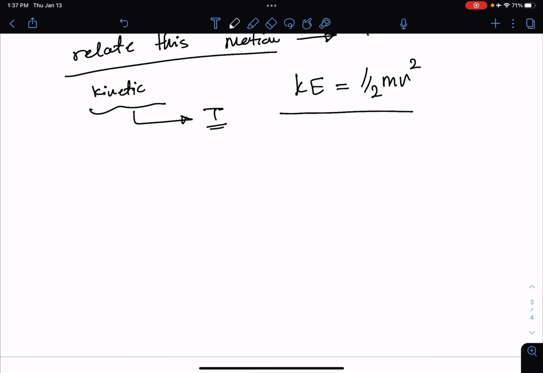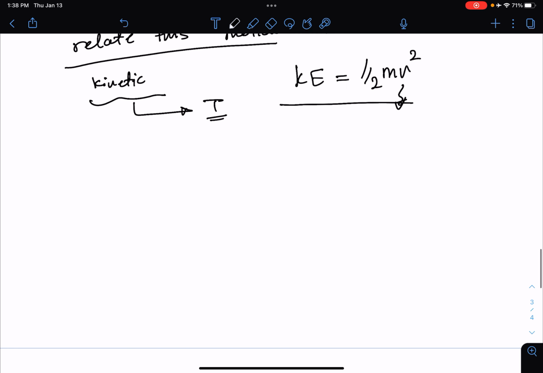So essentially, to find the kinetic energy of these molecules, and then to find the kinetic energy of all of the molecules, which is a representation of their internal energy and temperature, we somehow have to find the speed of the molecules. And since we are doing a statistical analysis, we have to find the average speed of the molecules.